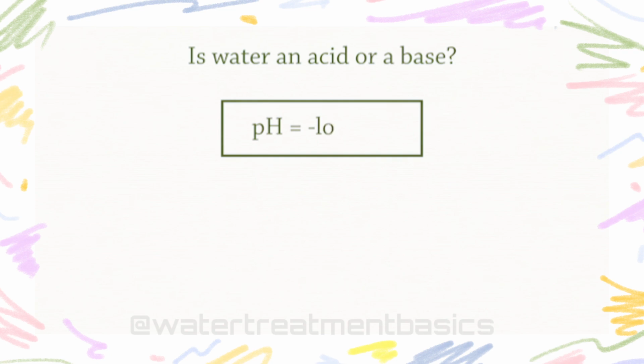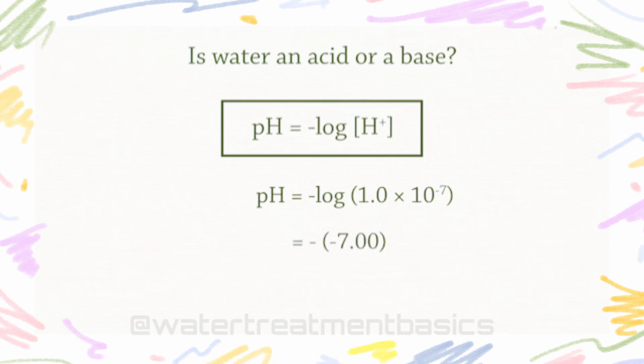If you plug that into the equation for pH, you find that water has a pH of 7. pH equals negative log of 1.0 times 10 to the negative 7. That equals negative 1 times negative 7, which equals 7. It's a lot easier to write pH 7 than the concentration of H+ ions is 1.0 times 10 to the negative 7, but they mean the same thing.